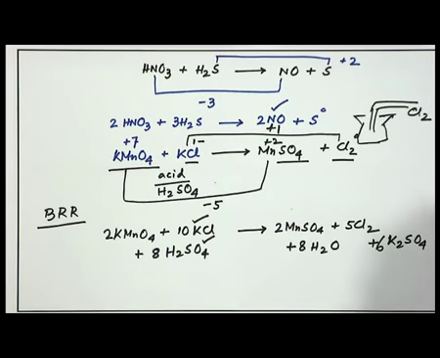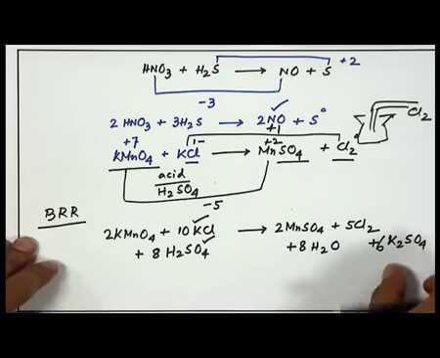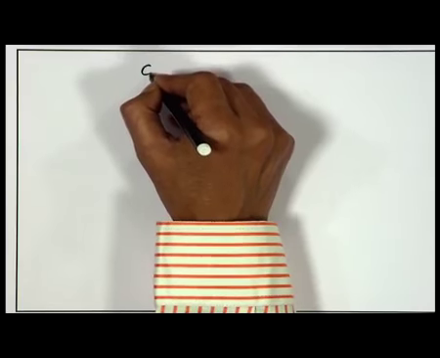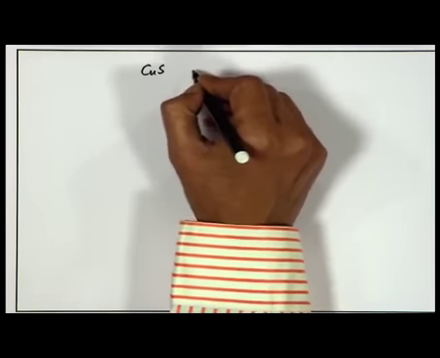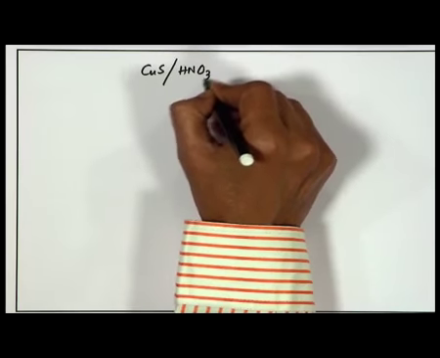So, we can see that the balancing is important, and we can work out some other typical examples and jot down these reactions for other species. I will just give you some examples, like the reaction of CuS with HNO3.